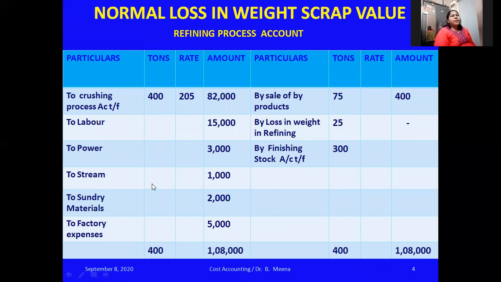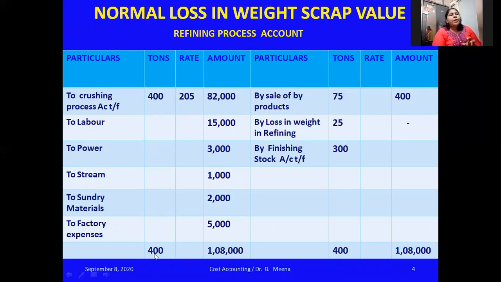So 300, and after posting this, I need to have some calculation to find out is there any loss. How to find out? Just close your debit side. Debit side tons column came around 400 and amount column 1,08,000. I close the debit side. Now my work is to compare is there any balance the input I gave.